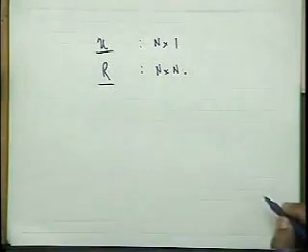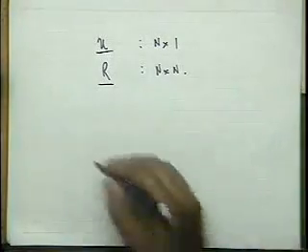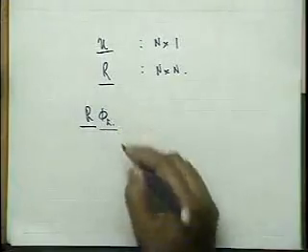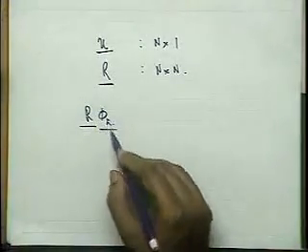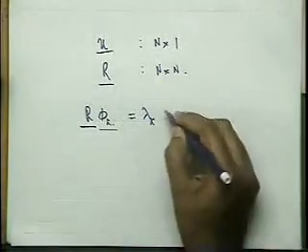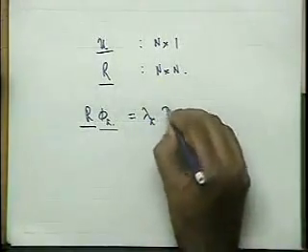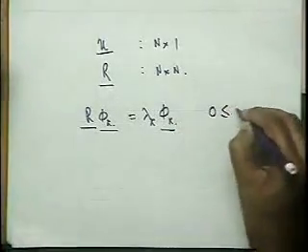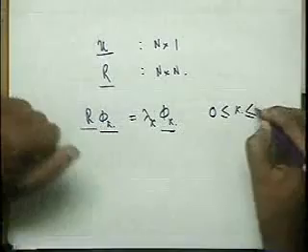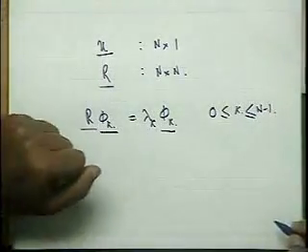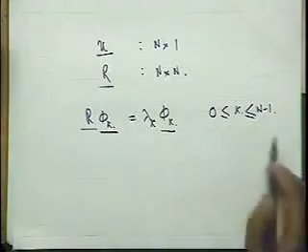There are going to be a total of n eigenvalues. So what we got was R times phi k equals lambda k phi k, where the lambda k's are the eigenvalues. This was true for 0 less than or equal to k less than or equal to n minus 1, for all integers k.